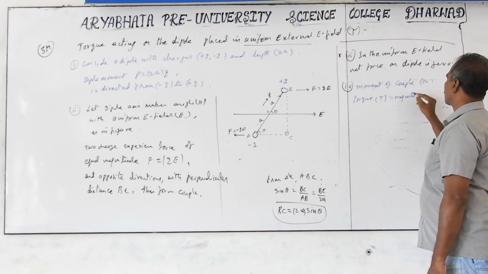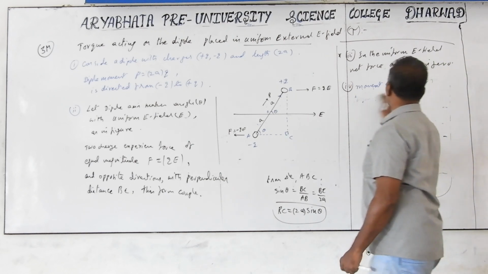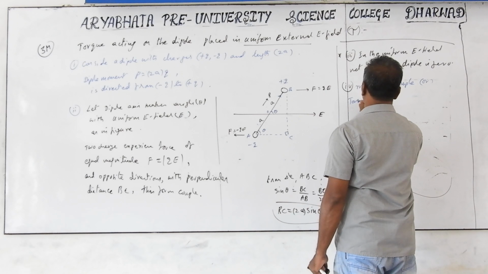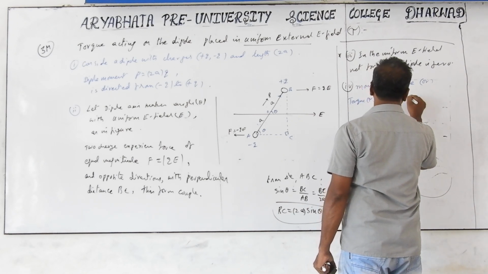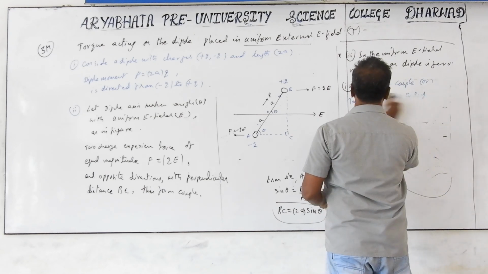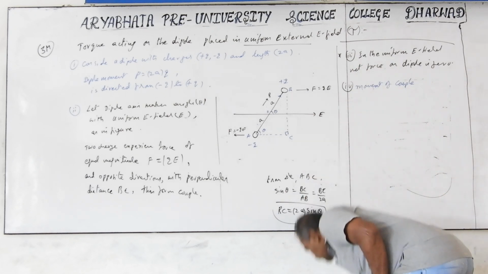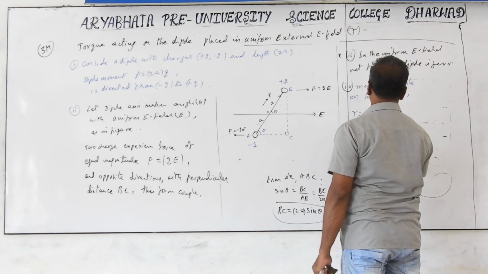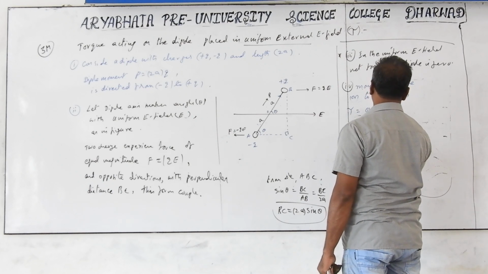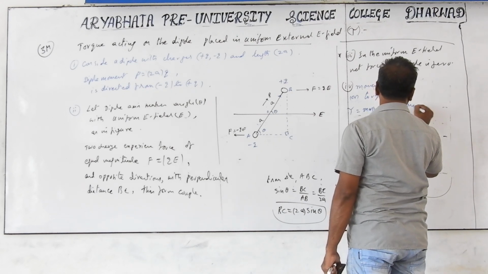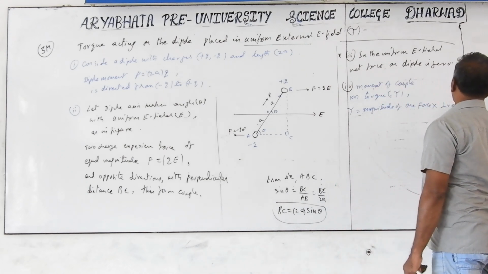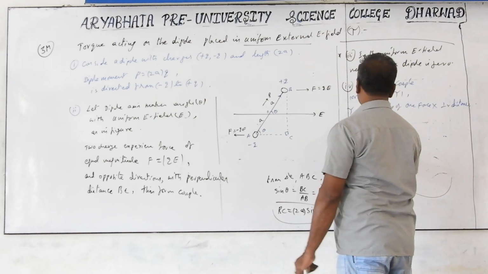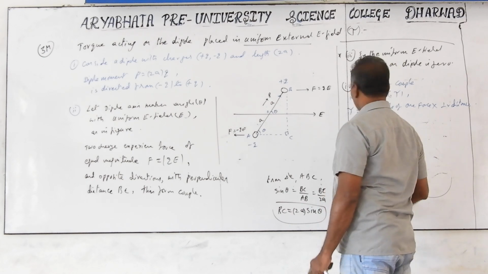So tau is equal to F into BC here. What is F?